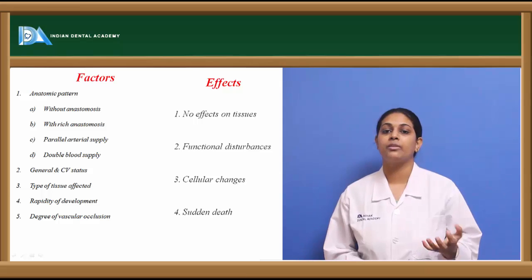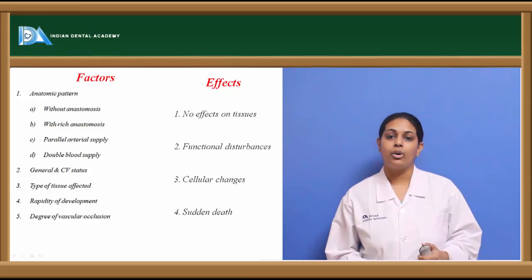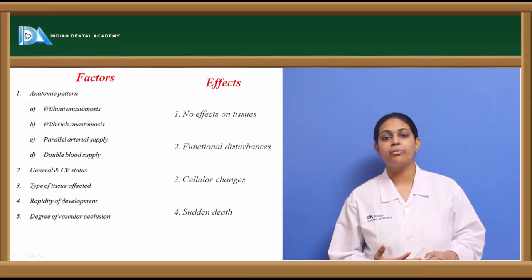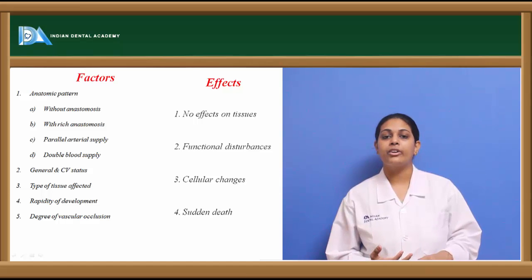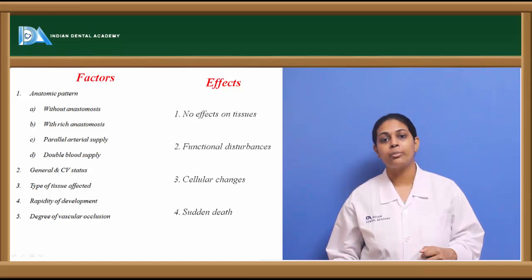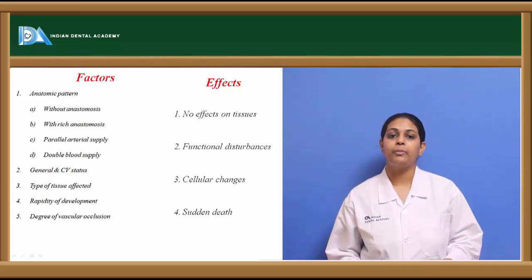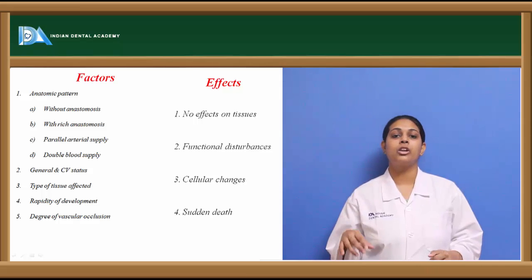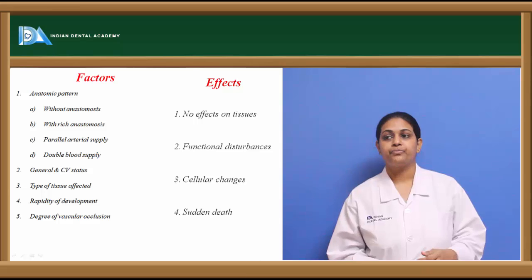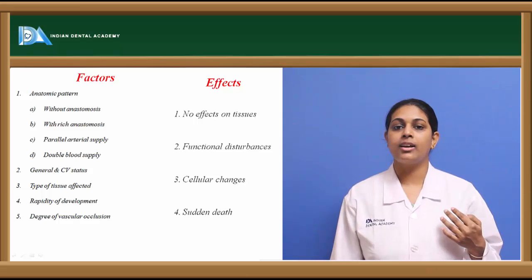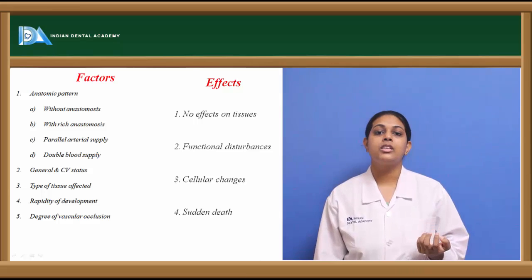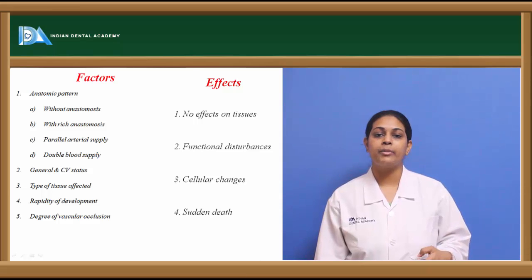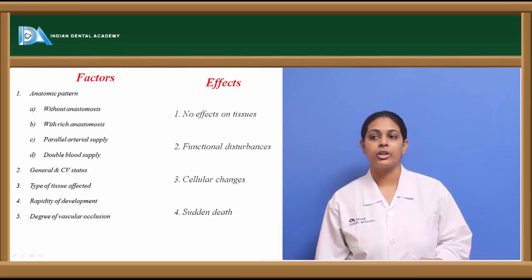Coming to the effects of that particular ischemic area, they have a wide range. They may range from no effect on the tissues, up to sudden, inevitable death of the patient because of the complete loss of blood supply. Other than that, there are certain functional disturbances based on the amount of blood supplied, which might result in compromised functioning of that particular organ.